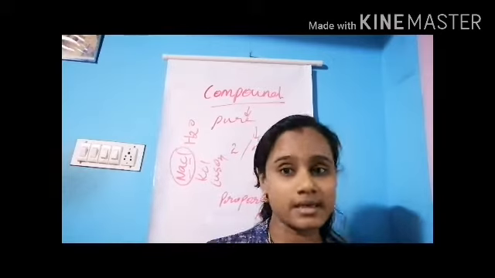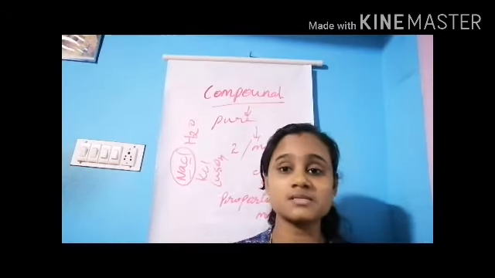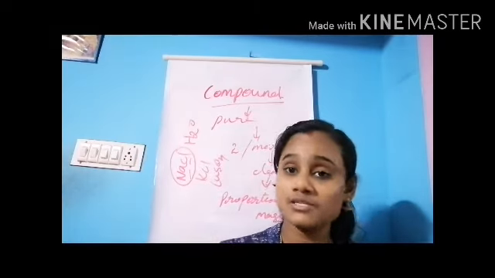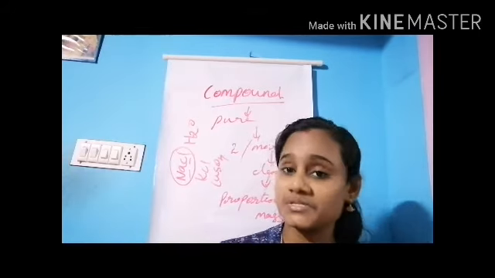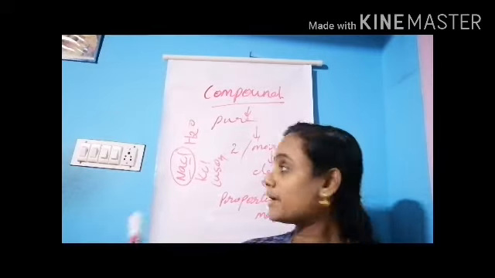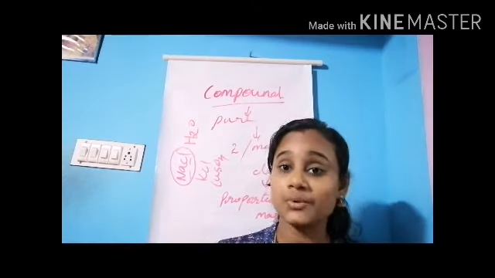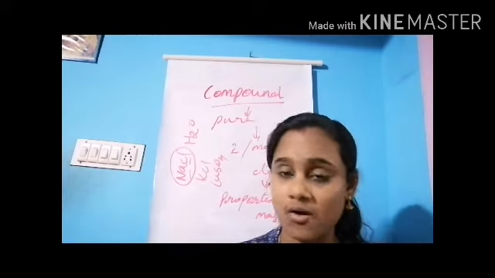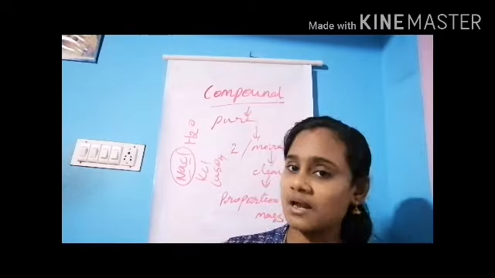Chlorine is a poisonous gas, greenish yellow in color. Sodium is a soft metal, but sodium and chlorine combine to form sodium chloride, which is a white crystalline solid.